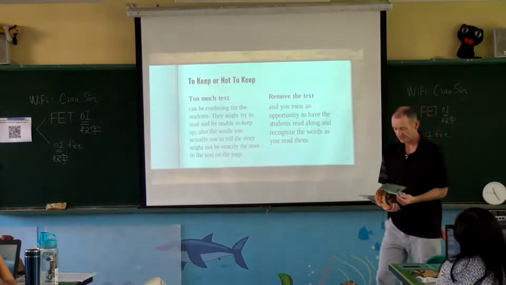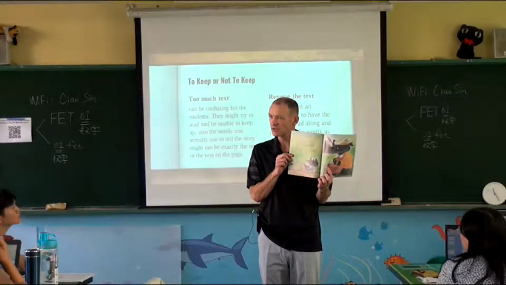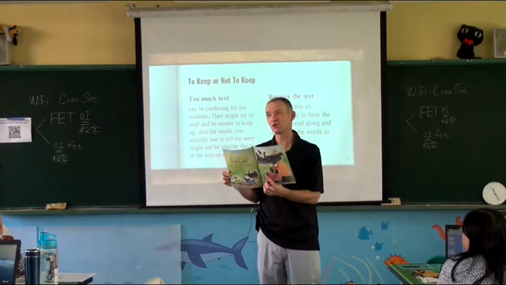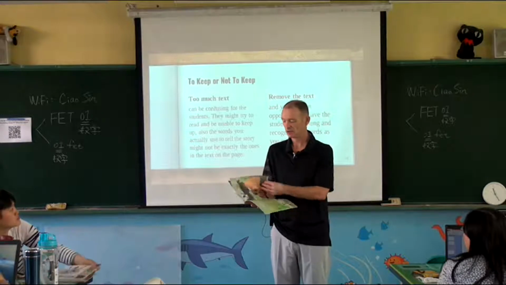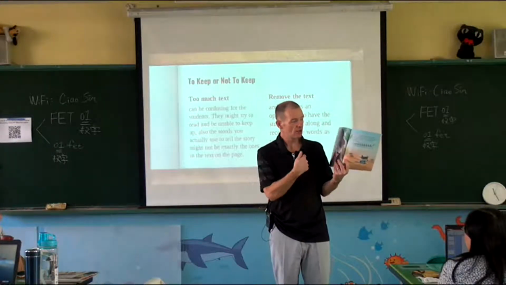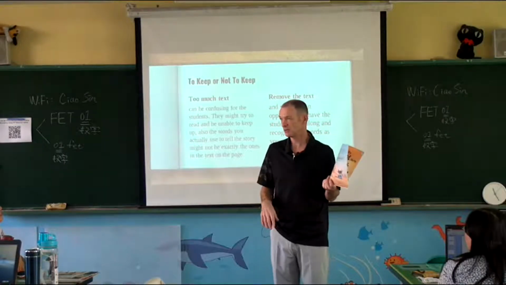So like, you know, the Really Rude Rhino, it's quite a lot of words in that page. You will probably tell that story too quickly for the students to be able to read all of those words, right? So if I was to make this book, I would just take them out.